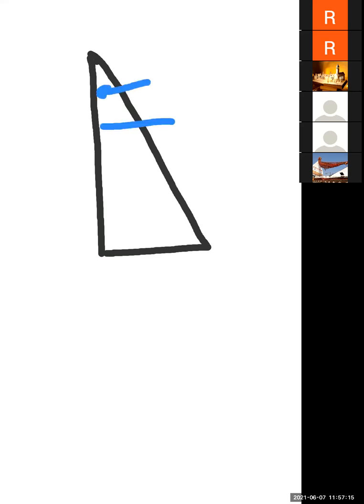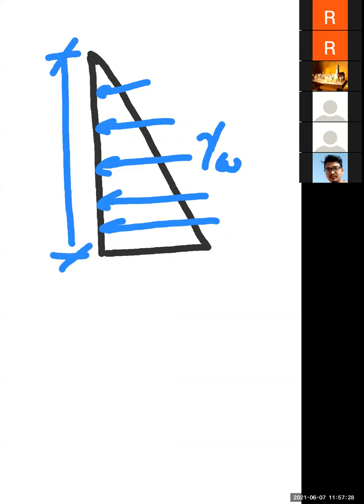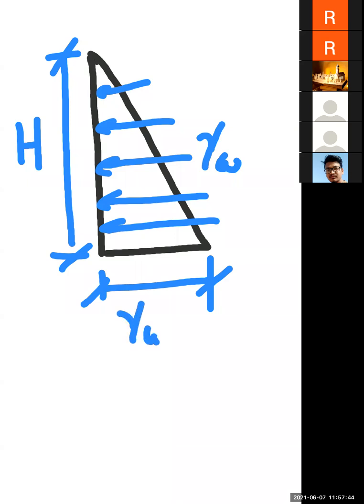If the height of the wall of the water tank is H, then what is the pressure at the base of this water tank? Gamma H, ma'am. Gamma W H, right?